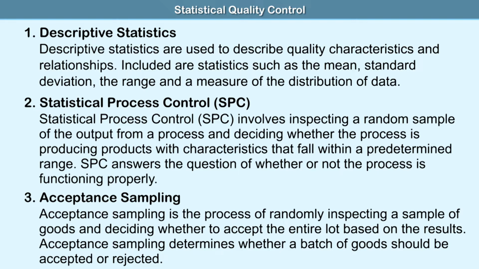The third category is acceptance sampling. Acceptance sampling is the process of randomly inspecting a sample of goods and deciding whether to accept the entire lot based on the results. Acceptance sampling determines whether a batch of goods should be accepted or rejected.